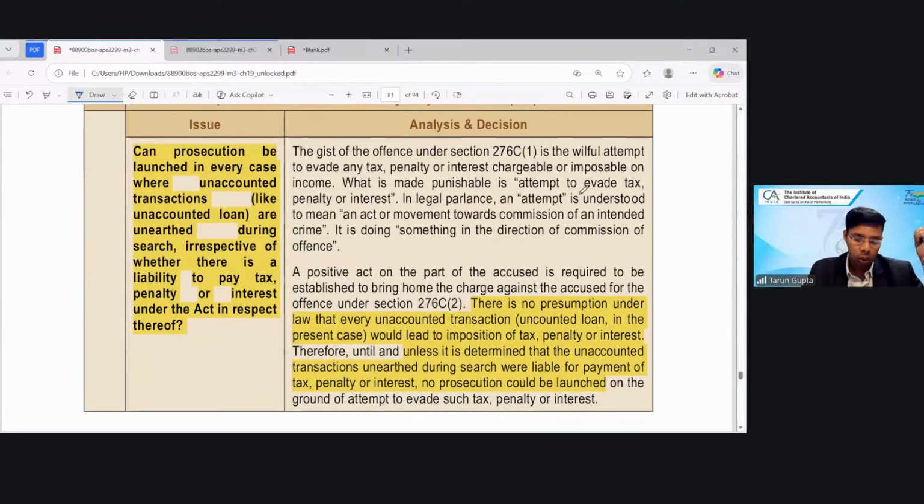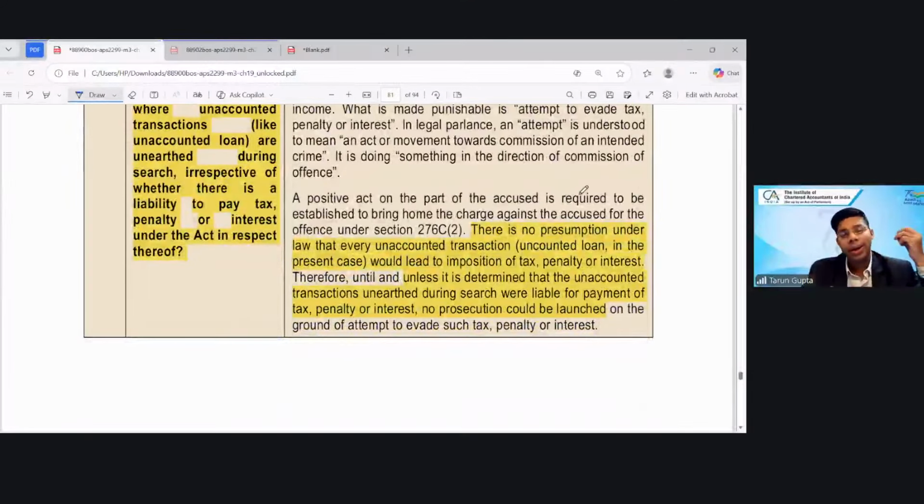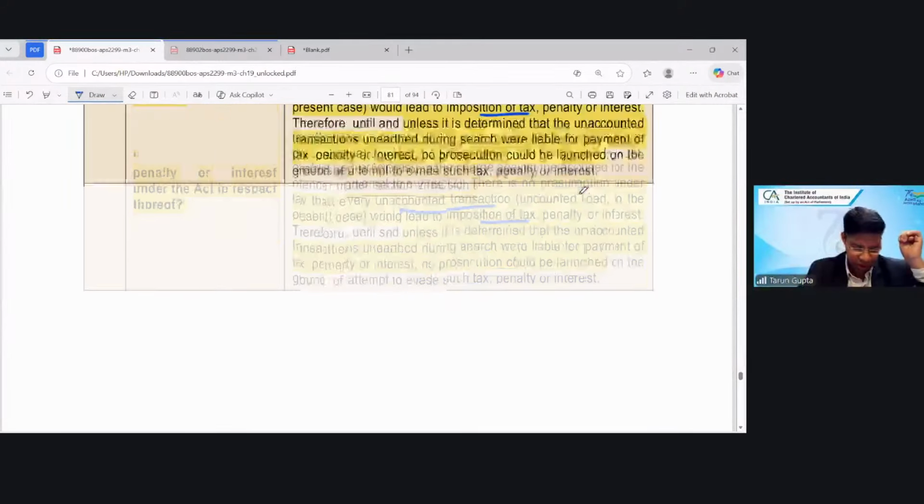The Karnataka court said there is no presumption under the law that every unaccounted transaction would lead to imposition of tax. The department has to give a direct link, a direct nexus of the unaccounted transaction with the evasion of tax. If the loan has not been shown, it does not mean that income has been evaded. Therefore, prosecution proceedings should not be initiated.